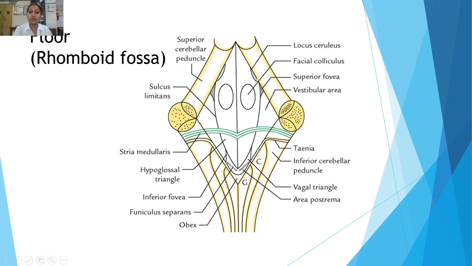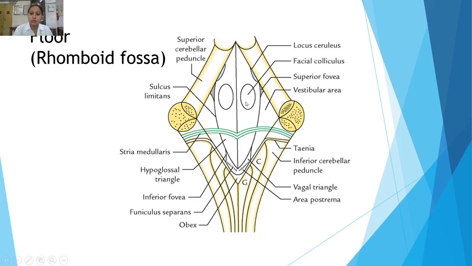Above the superior fovea we have locus ceruleus. Then the inferior fovea, at the level of which the two sulcus limitans converge to meet in the midline. Then two triangles, hypoglossal triangle and vagal triangle. Then funiculus separatus and area postrema.